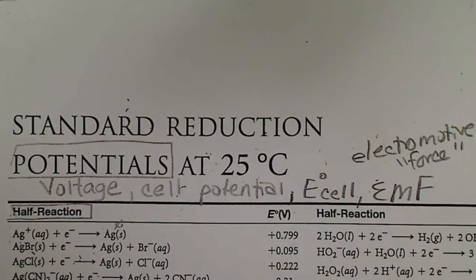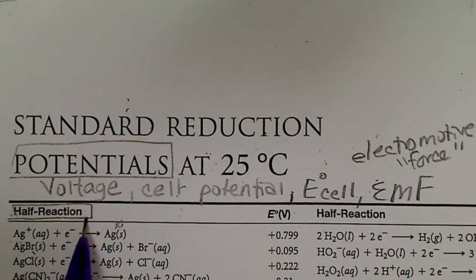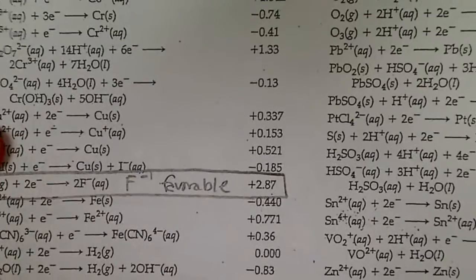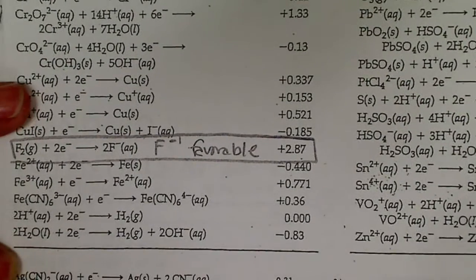And there's another thing I wanted to discuss here, and that is the half reactions that are listed. There can't be oxidation without reduction, and vice versa. So these half-cell reactions are defined in terms of a standard hydrogen electrode, which I'm going to show down here.